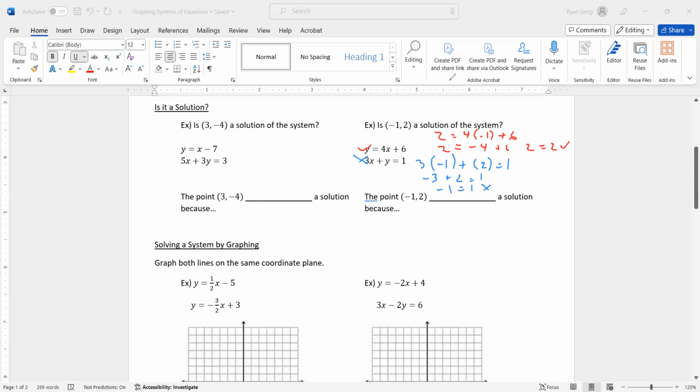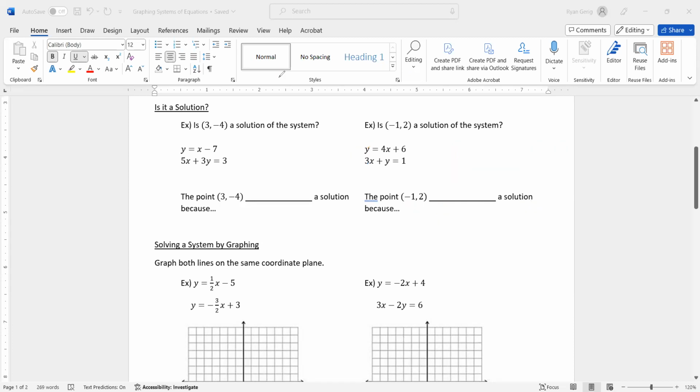So because (-1, 2) is not on the second line, we would say that the point (-1, 2) is not a solution because it is not on the second equation. So it's got to be on both for it to be a solution.